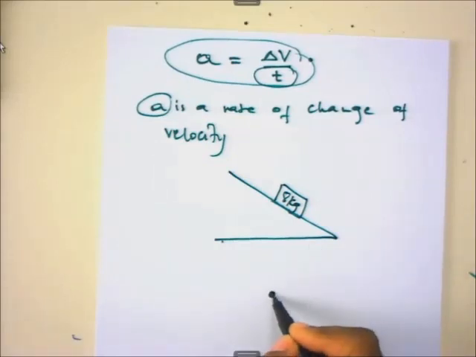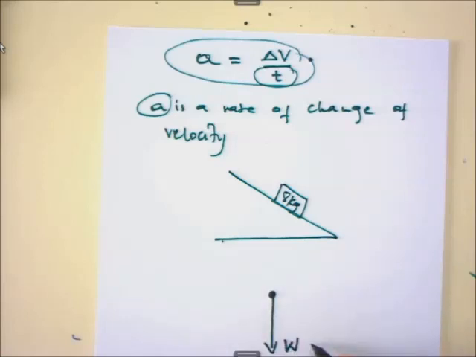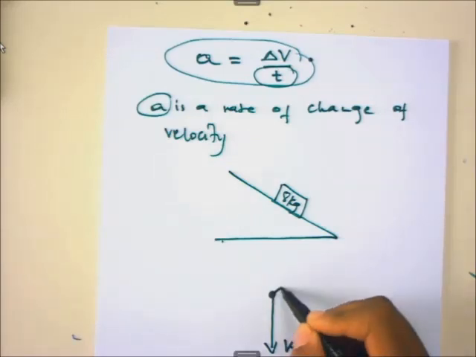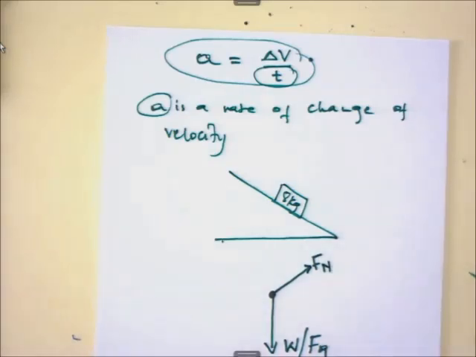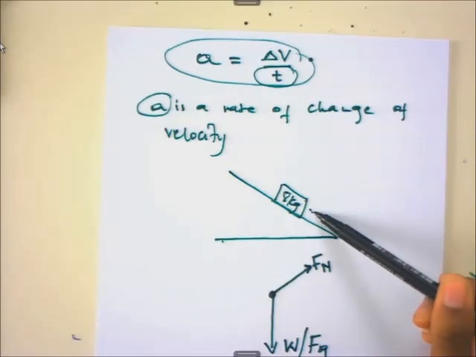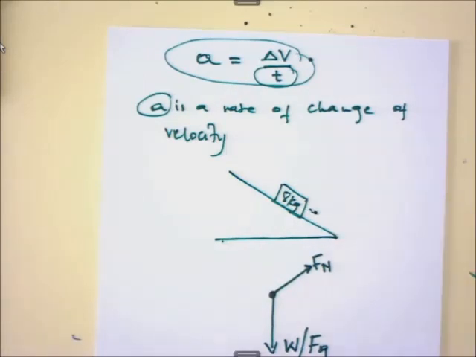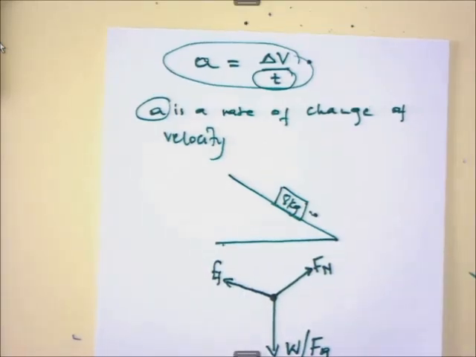The first force that you must include is the weight. We call this force weight or Fg. Then, because the object is moving downward, we will also have the normal force. The normal force cannot be in the same direction as the weight because the object is on the slope. It's not horizontal. And also we have the friction force. So these are the 3 forces acting on the object.